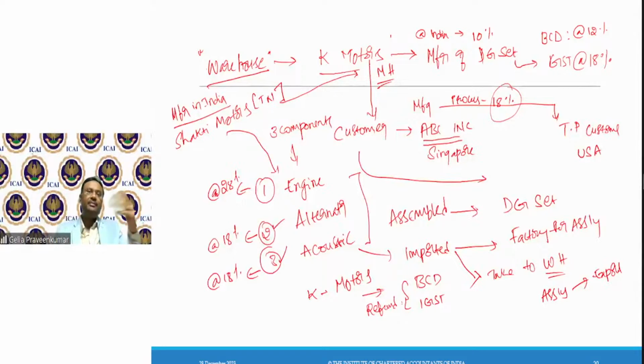I'm also saving my factory space. I'm also minimizing my business space. I'm getting big orders with a couple of legal provisions here and there. So this is one activity which we can do using a warehouse under customs law. This is a little high fund business model which is done in a warehouse.